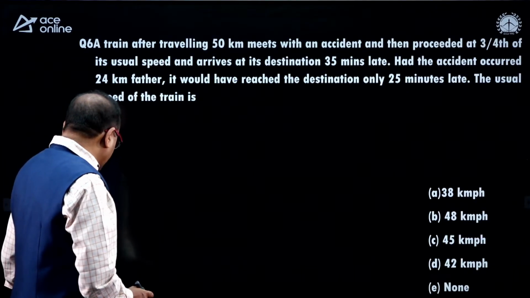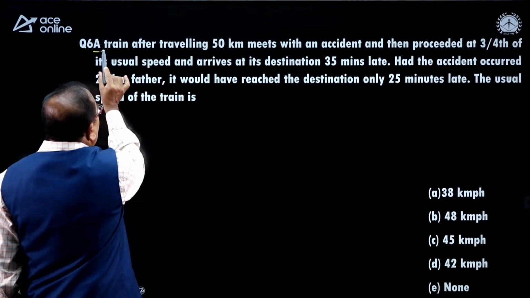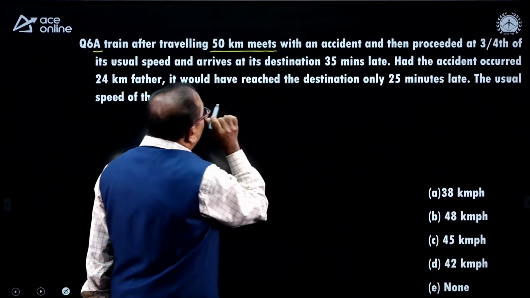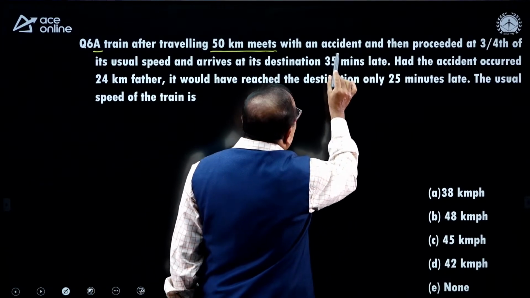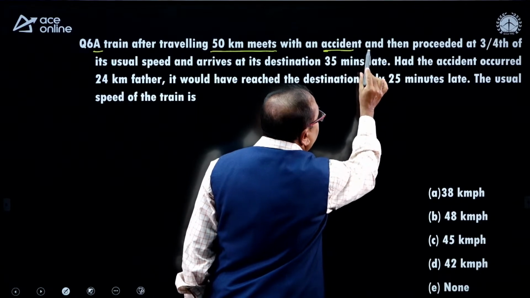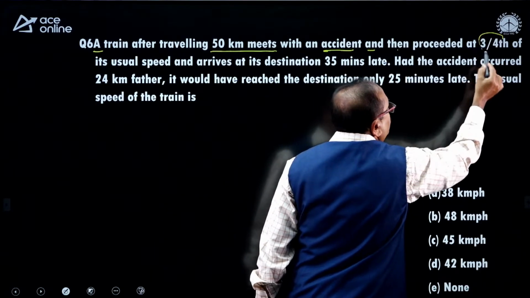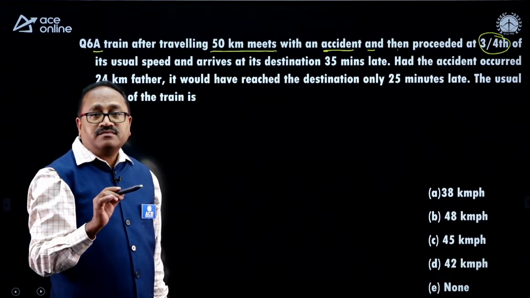There is a question we are going to discuss now. And what is it? A train, after traveling 15 kilometers, met with an accident and then proceeded with 3/4 of the usual speed.